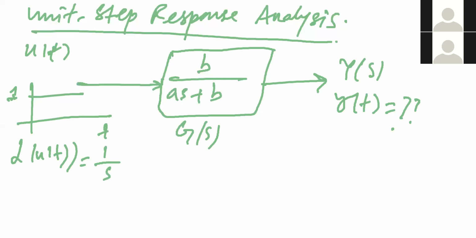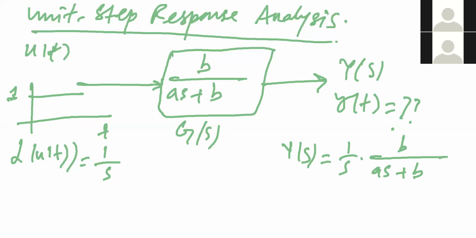This is the transfer function, which is G(s), and Y(s), of course, will be equal to 1 over s multiplied by b divided by (as plus b). So this is the output function.